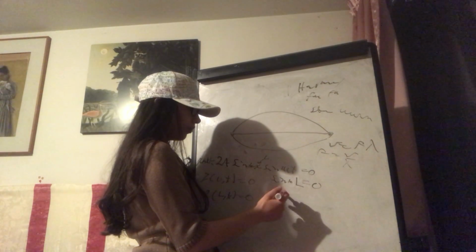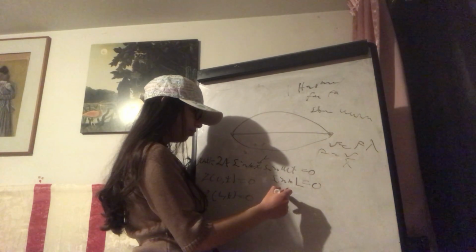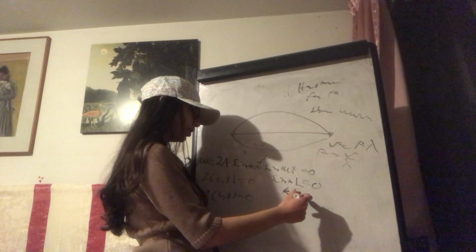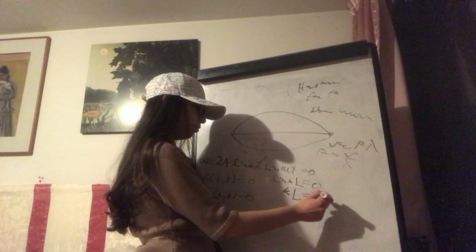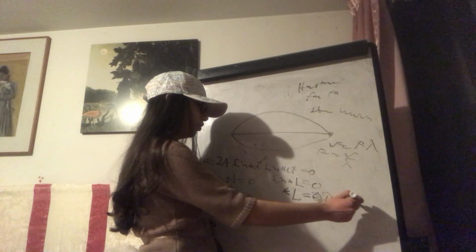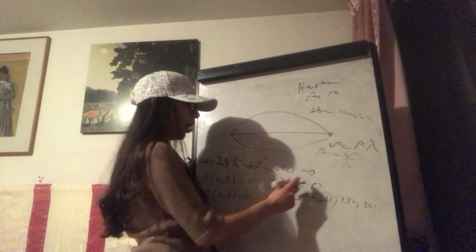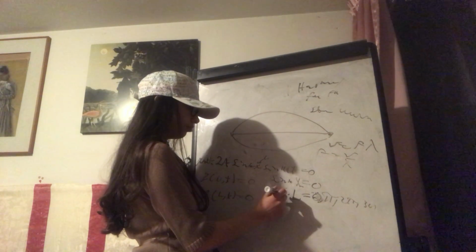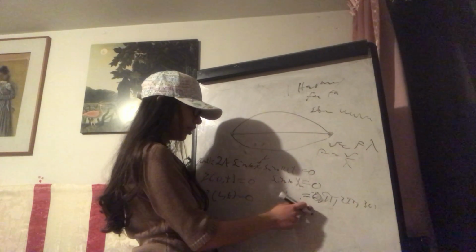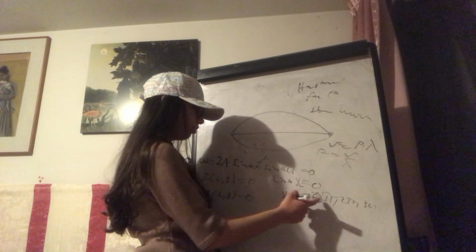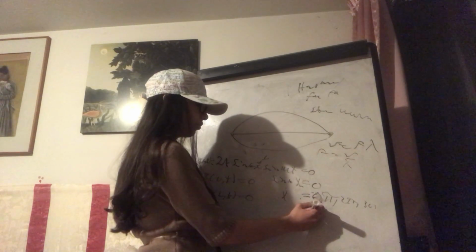So I have here that kL is equal to 0, π, 2π, 3π, etc. Actually, you can put this first as x, and sin(kx). So I have that x is again 0, π, 2π, 3π, each one of these divided by k.